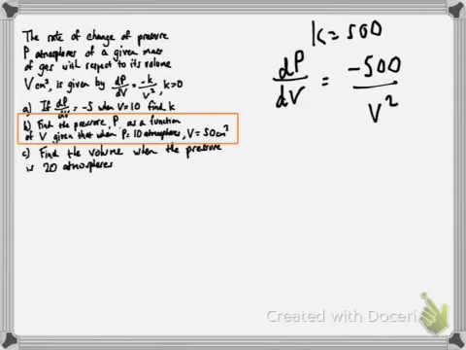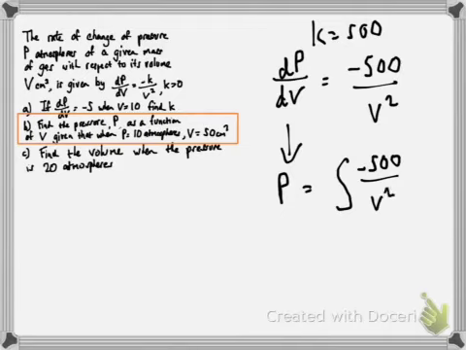Right, so we're finding an equation for P. So remember, if we're going from a derivative, which is a rate, same thing, gradient, rate, derivative, to find an equation for P, we've got to integrate. So P will equal the integral of negative 500 on V squared.